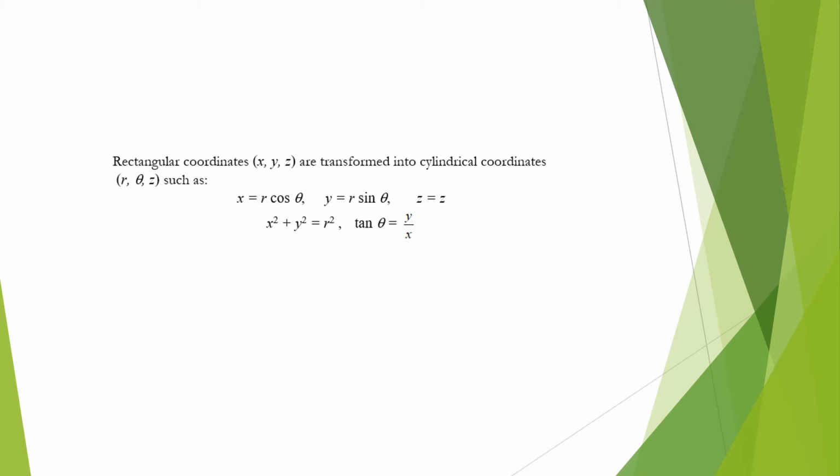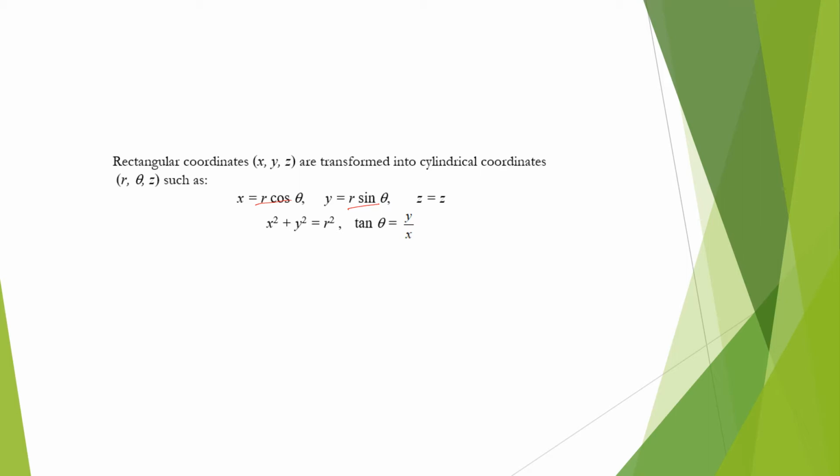Rectangular coordinates x, y, z are transformed into cylindrical coordinates r, theta, z by using these formulas. If you see x, we just replace it with r cos theta.